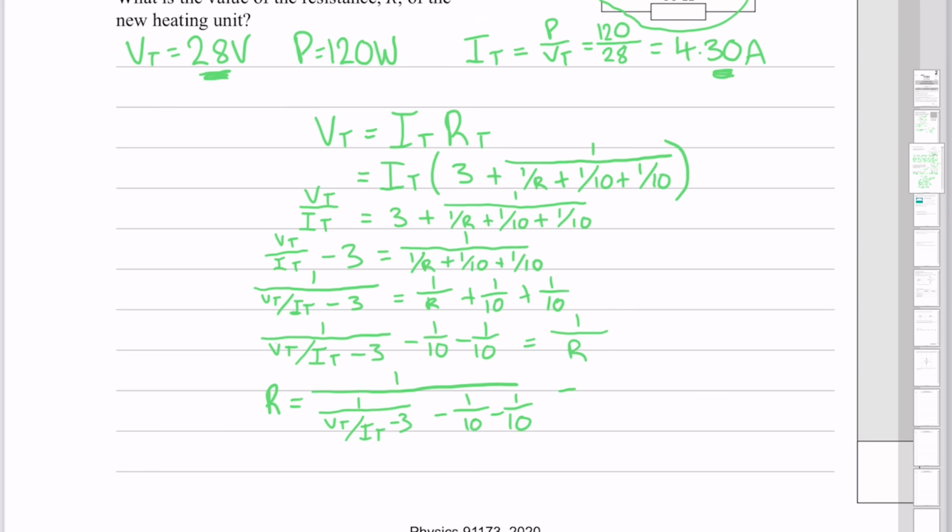Putting our numbers in, which gives me 11.7968. Since the question gives us 2 significant figures, we're going to round it to 2 significant figures, which gives us 12 ohms.